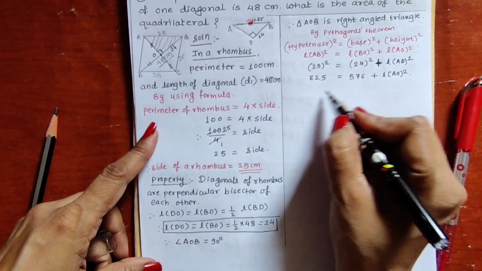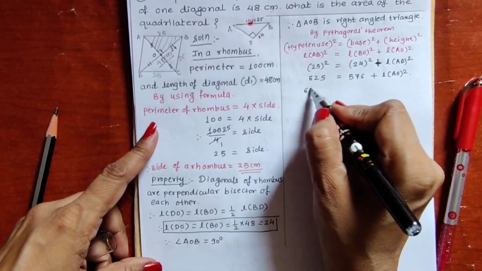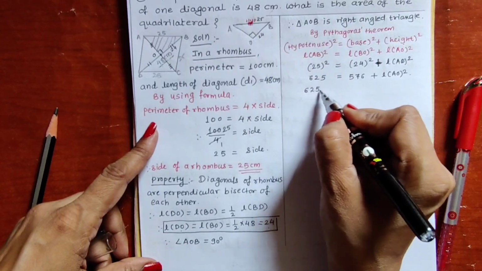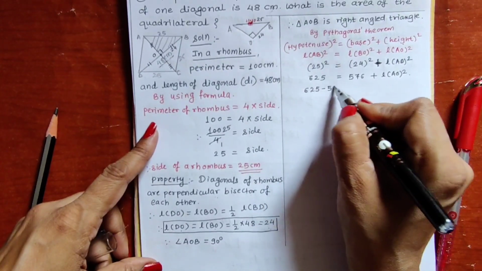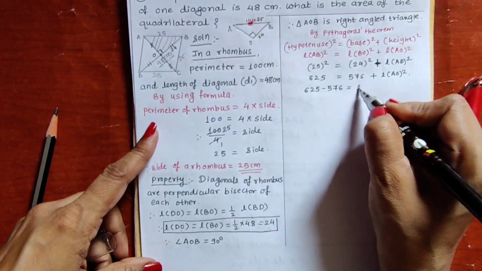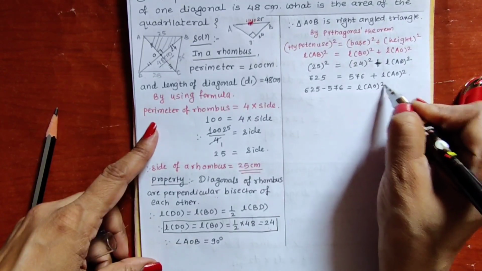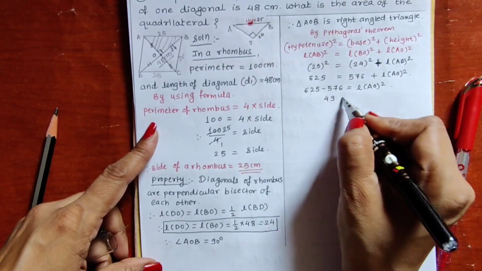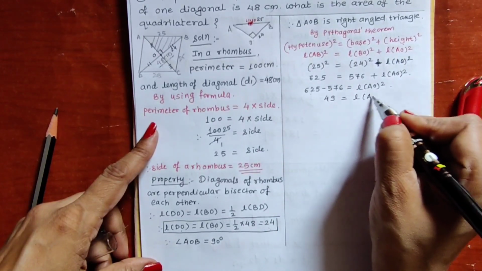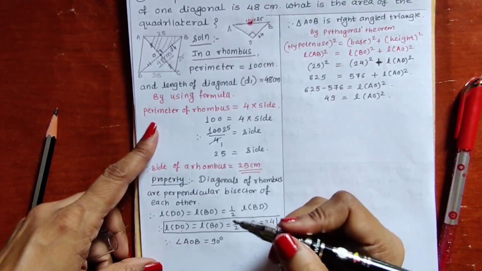Now I will transfer this 576 to the left hand side, 625 as it is, minus 576 is equal to length AO square. 625 minus 576 will be 49, is equal to length AO square.